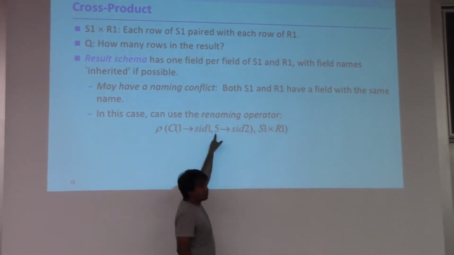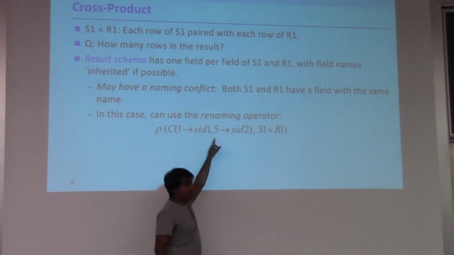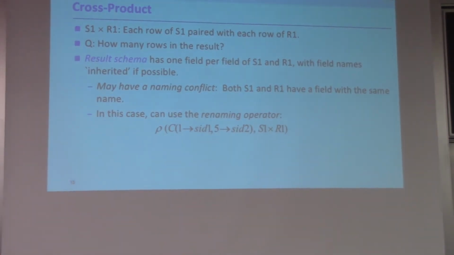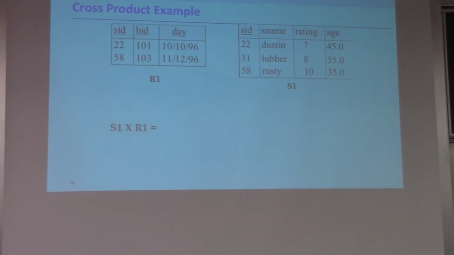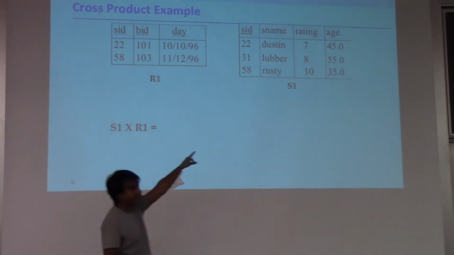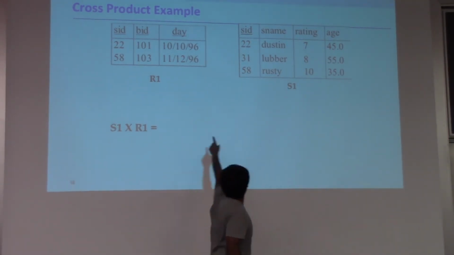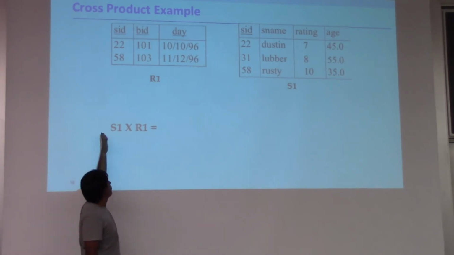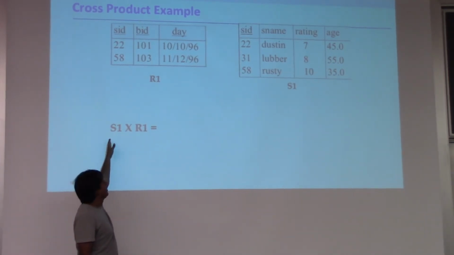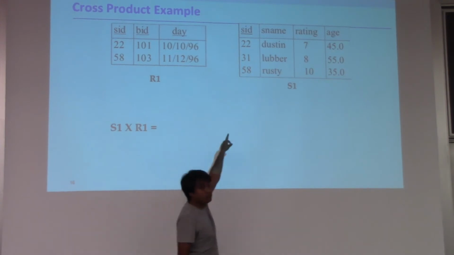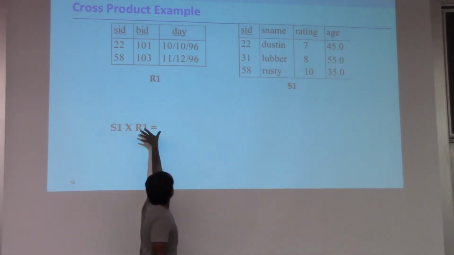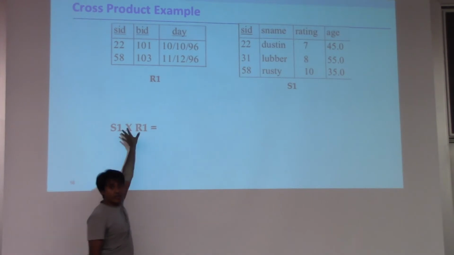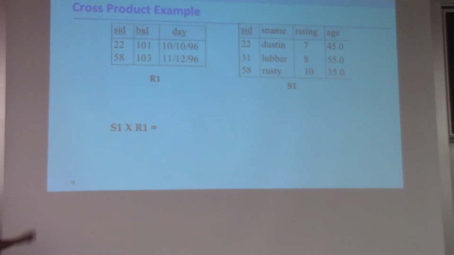So how do we know that this will be the 5th one? Because in the Cartesian product, we first take all the attributes. S1 has 4 attributes, right? The 5th one will be this SID. And if we interchange that, R1 cross S1, the 4th attribute will be SID, because this one will come first then. Anyone has any confusion? Okay.